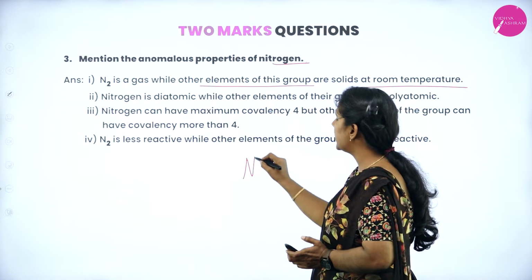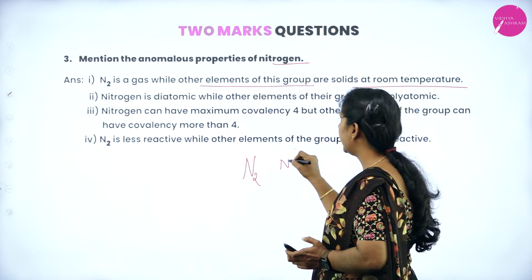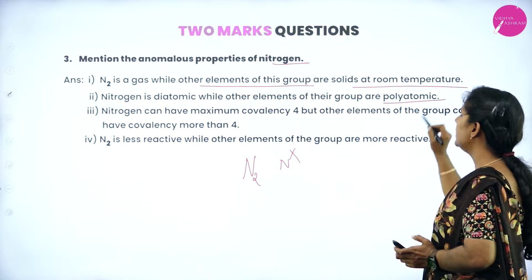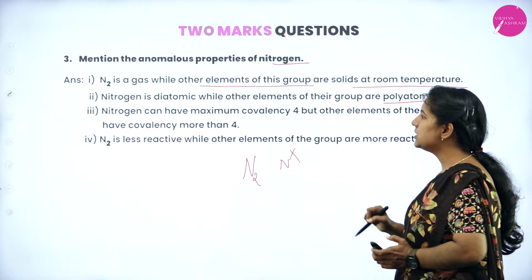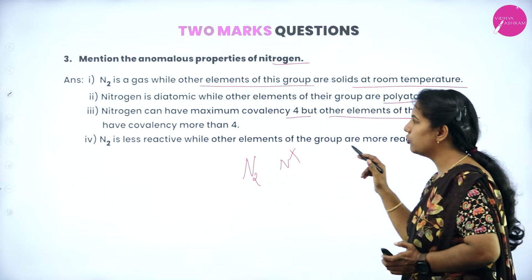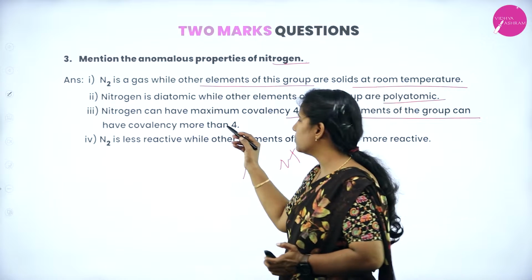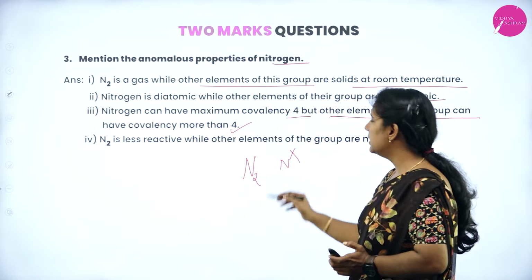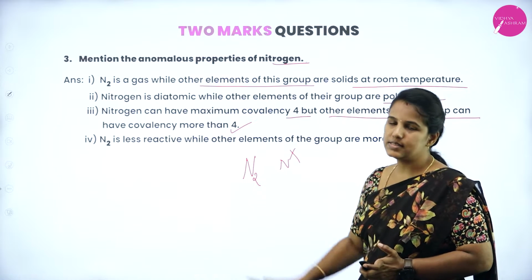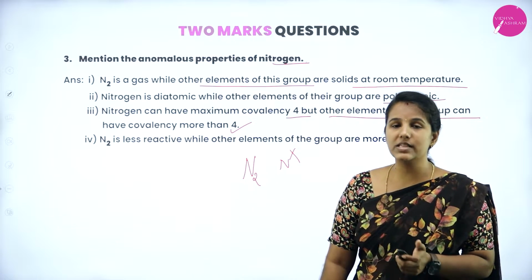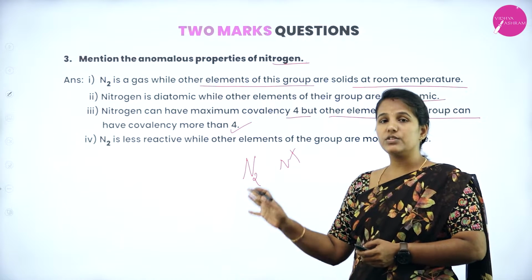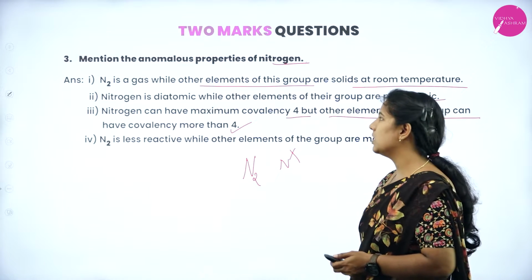We write nitrogen as N2, not as N, while other elements of the same group are polyatomic. Nitrogen has a maximum covalency of 4, but the other elements of this group show a covalency of more than 4 also. And nitrogen is less reactive compared with the other elements of the same group. These are the properties of nitrogen that show its anomalous behavior.